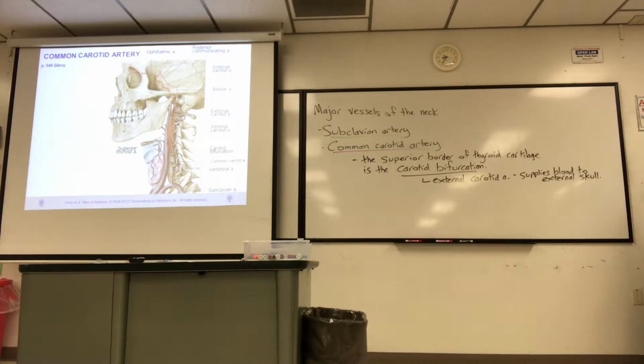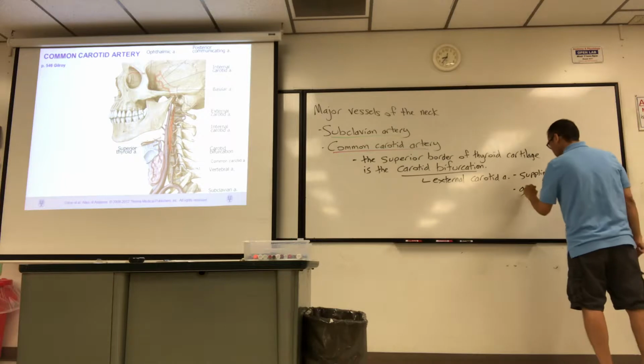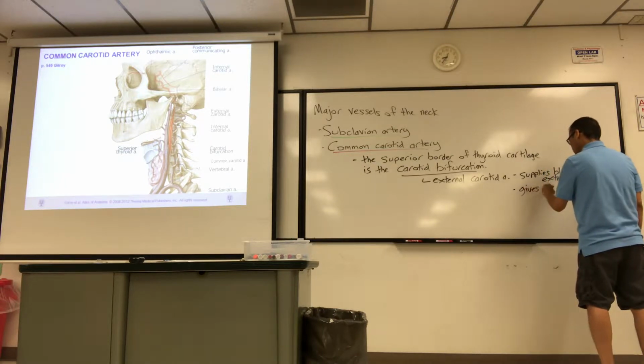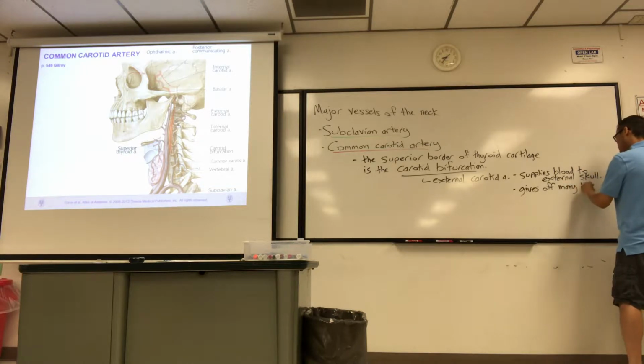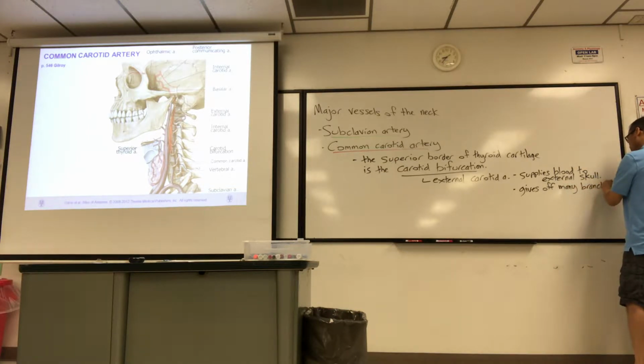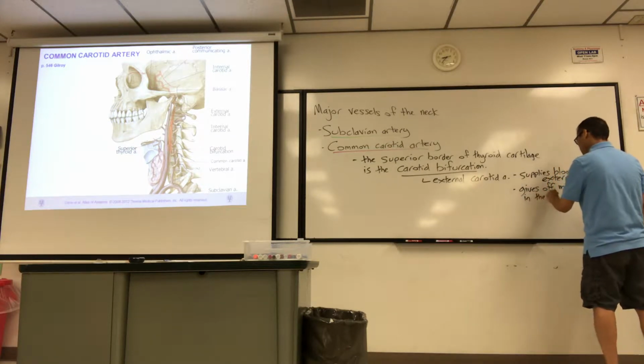The other thing it bifurcates into is the internal carotid. The external carotid also gives off many branches in the neck. Because you've got to know it, it gives off many branches in the neck.